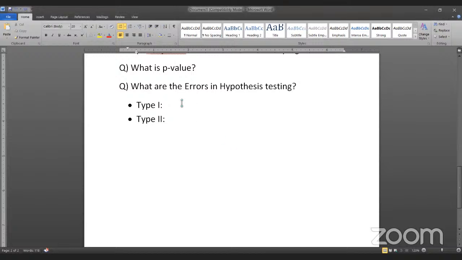Type 1 error is when the null hypothesis is rejected even when it is true. It is also known as a false positive.